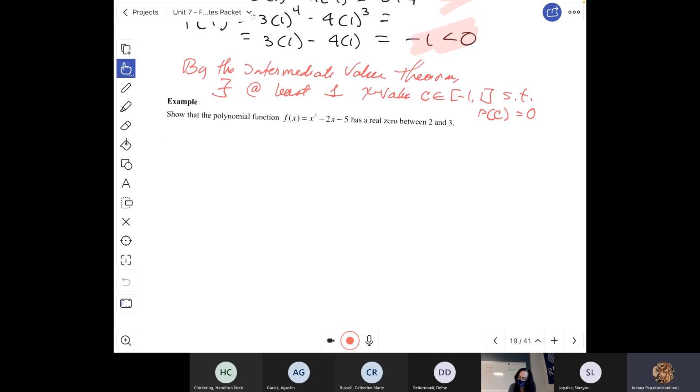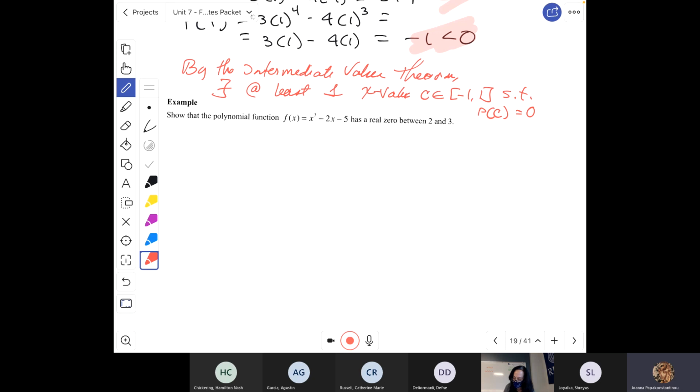Okay, let's look at an example. We want to show that this polynomial has a real 0 between 2 and 3. So what's my closed interval? Closed 2, 3. I want to see if this polynomial has a real 0 in that interval. So again, evaluate the polynomial at each endpoint of the interval.